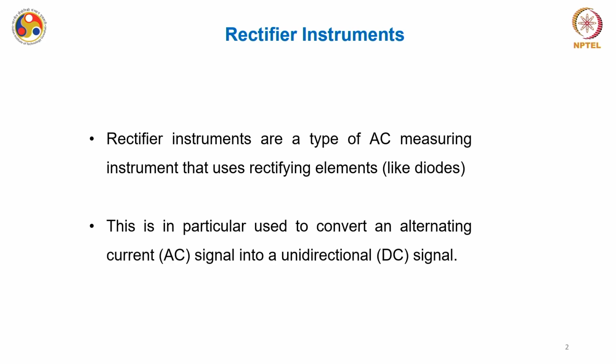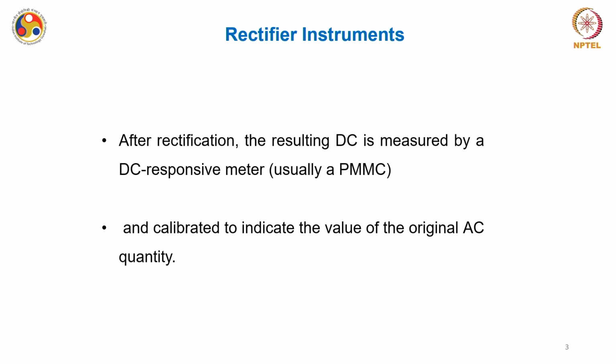You take an AC signal, convert it into a DC signal by using a rectifier, then measure this DC voltage or DC current, and then comment on the measurement value of the AC signal. So this is an indirect way of measurement.